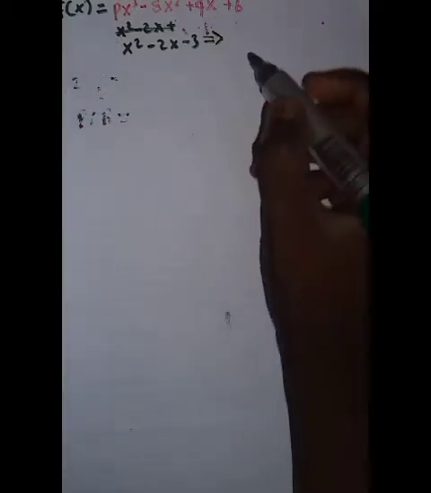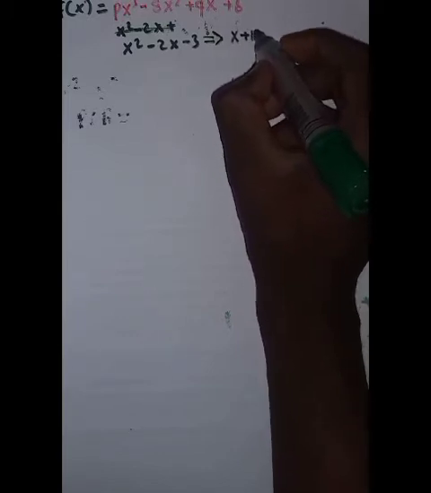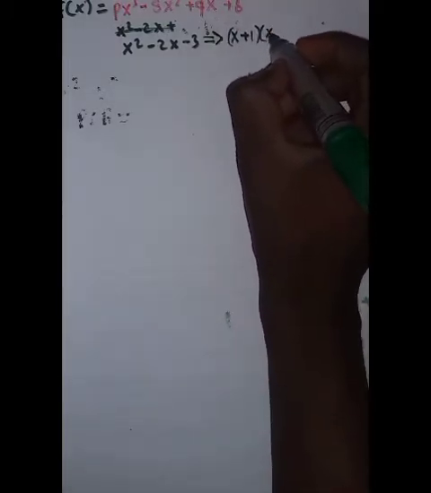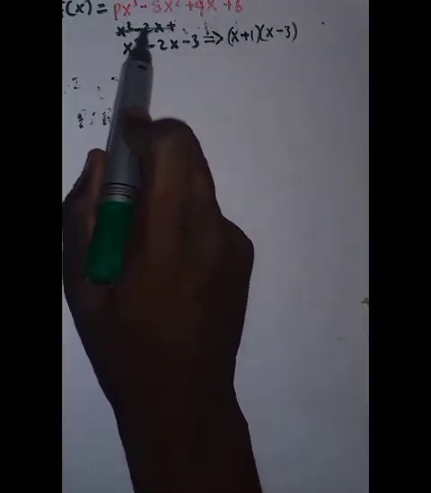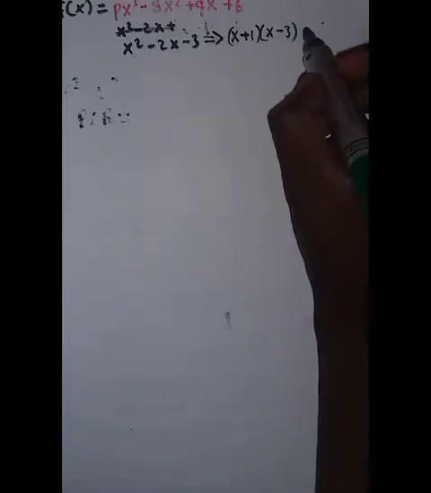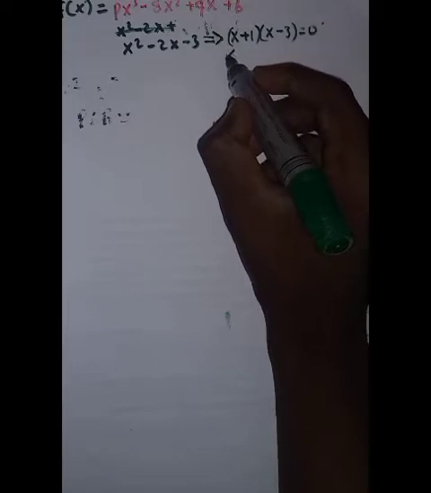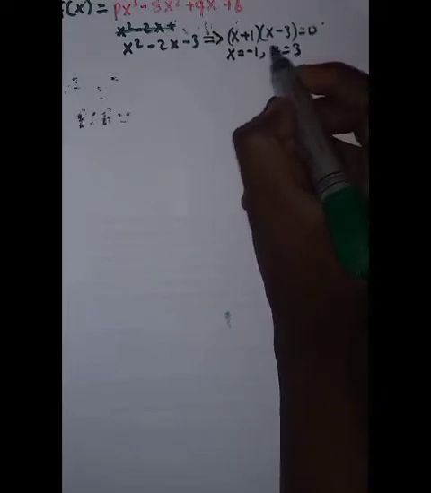Since the coefficient of x squared is 1, this is x plus 1 into x minus 3. Good. Since it's a factor of this polynomial, to get the required solution we put it equal to 0 and solve, and we have x equal to negative 1 and x equal to 3.